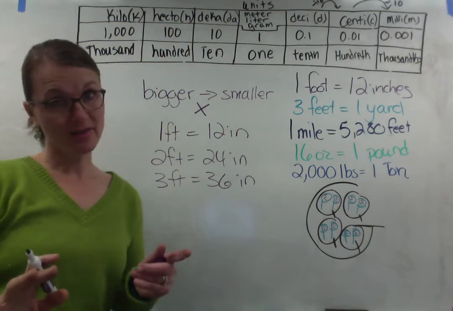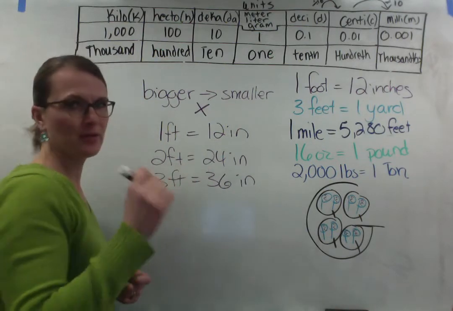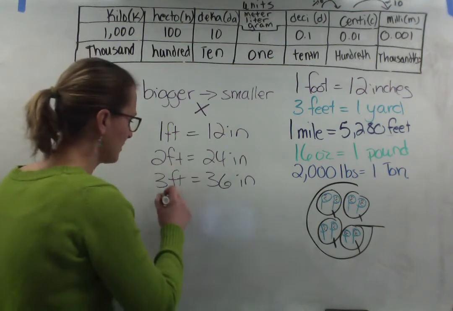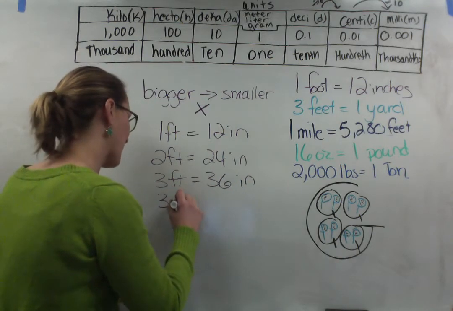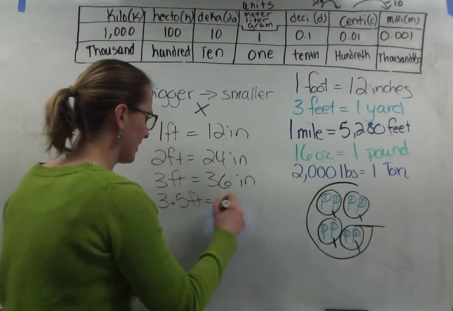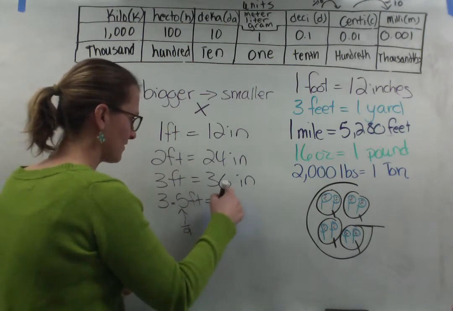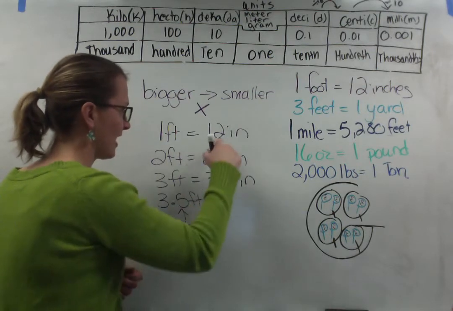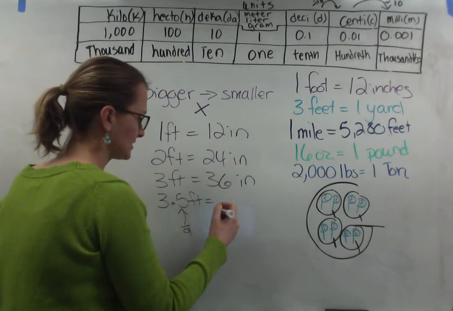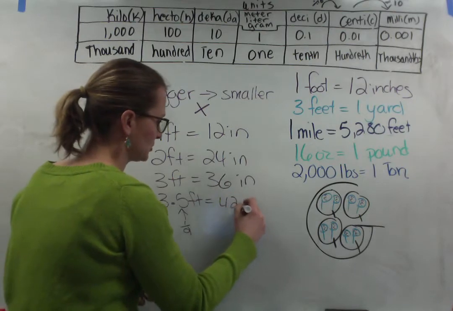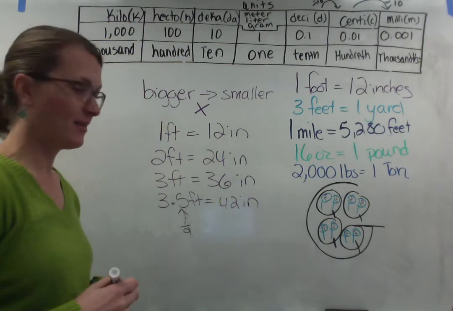You might see something tricky thrown in there. I don't think so, but you'll see it in other places. Like if you had 3.5 feet equals how many inches? And remember, 0.5 is the same thing as a half. So 3 feet would be 36 inches, and then a half of a foot would be 6. So you would have 42 inches. All right, so that's kind of how that works.